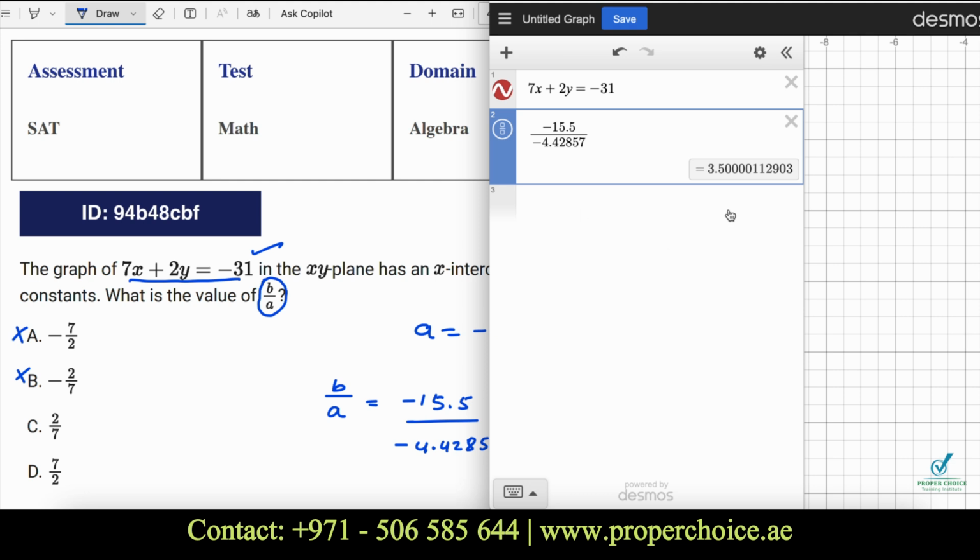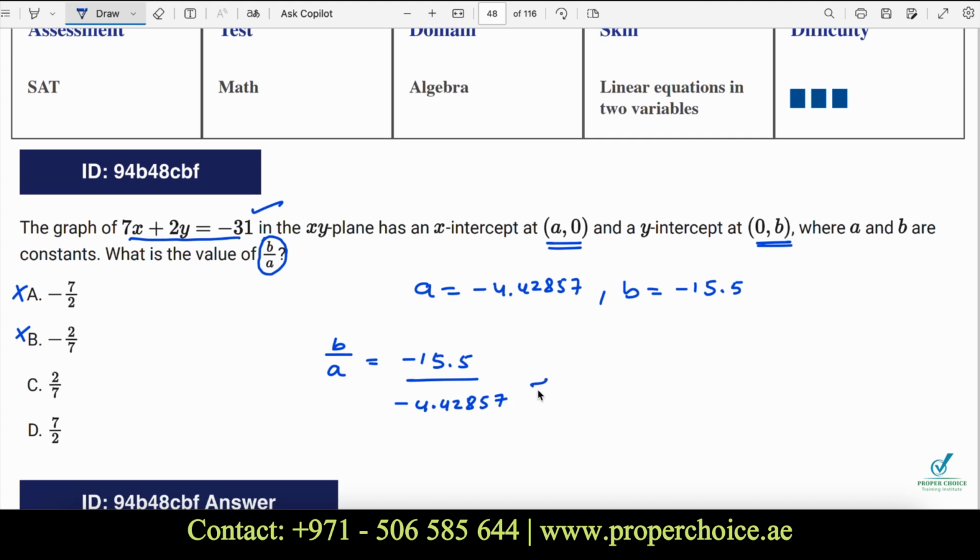That gives me 3.5000 something, approximately 3.5. I'm not getting the exact value, so I should choose the closest number, which is 3.5.